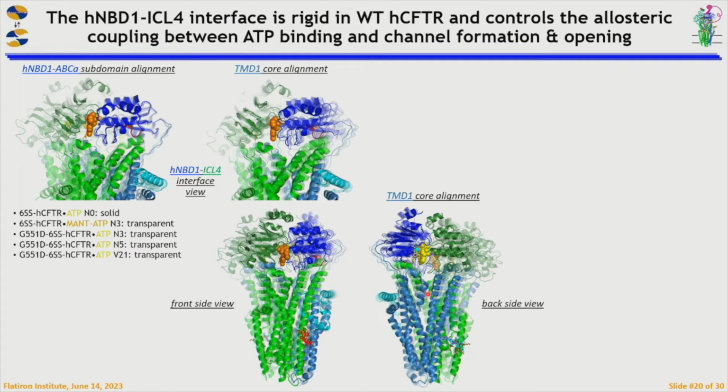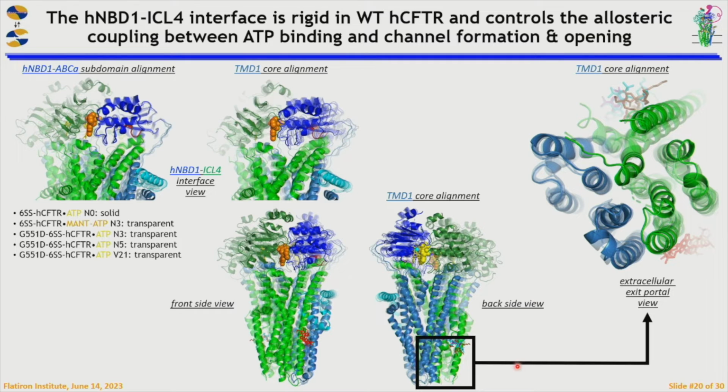Here are a bunch of structures, a bunch of very different conformations. The blue is membrane spanning domain 1. You can see that in this alignment, these things are all very, very similar. But now what's blurred out is TMD2. Essentially, this rigid handle is propagating down through conformational changes that are then being propagated through TM10, TM11, and that are controlling the conformation down here in the exit portal region.